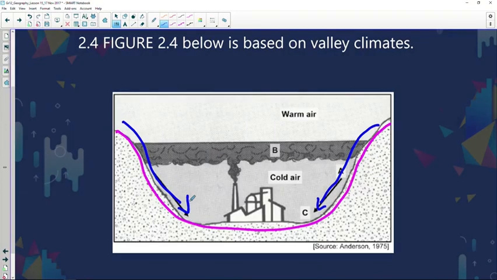Now our first clue looking at this diagram, what do we notice? We see sinking air, and when sinking air takes place in valleys it's known as a katabatic breeze.